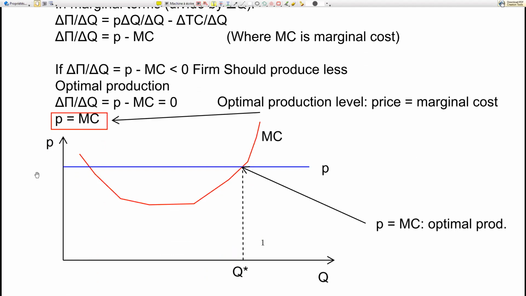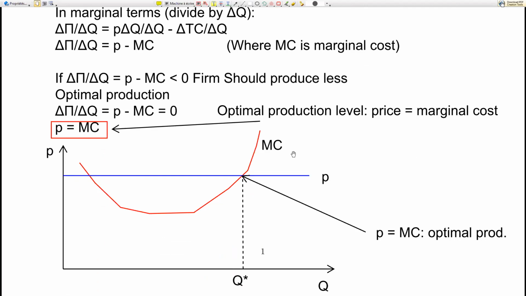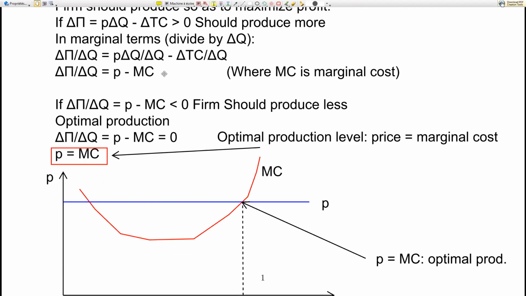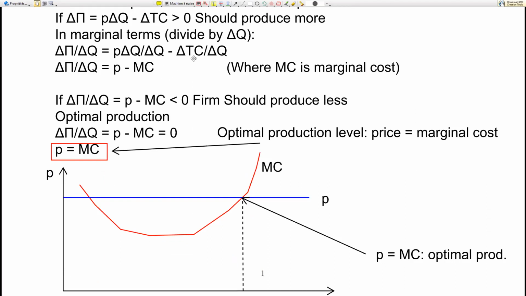What does change is the marginal cost. What is the marginal cost? It's the increase in cost. It's delta total cost, the increase in total cost, divided by the increase in quantity, delta Q.